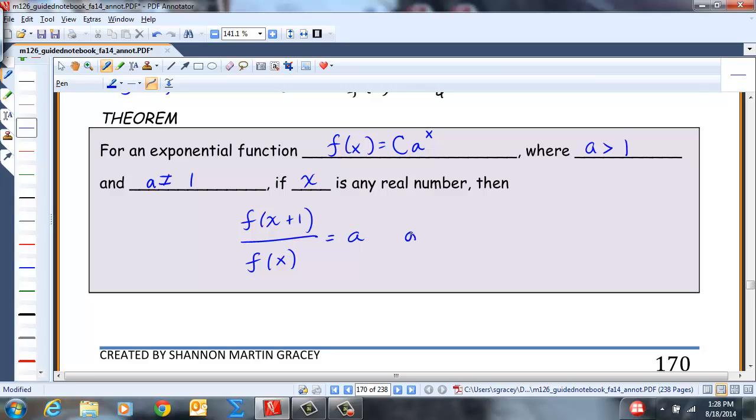Or another way to look at it, if you multiply both sides by f at x, then the successive term, f at x plus 1, would be equal to a times f at x. So it just depends on what you have and what you need to find.